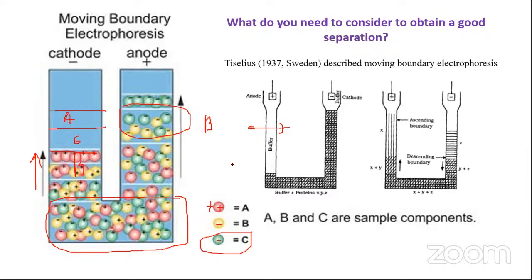One, however, most important or major problem in this process is that when B or C or A are migrating through other molecules, their migration will be in opposite directions.